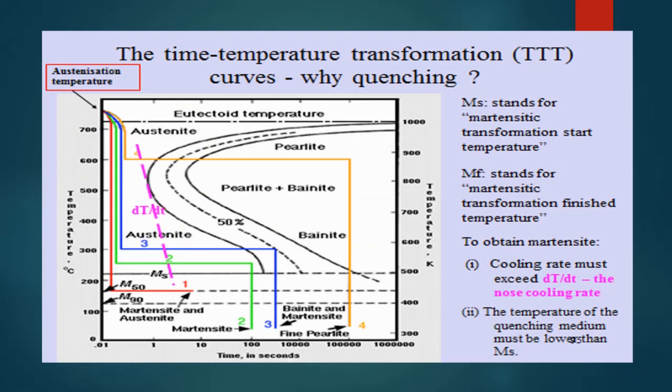The time temperature transformation curves, or TTT diagram. We have already seen that austenite transforms to pearlite by a eutectoid reaction. Here, the rate of formation from austenite to pearlite is shown in this diagram.